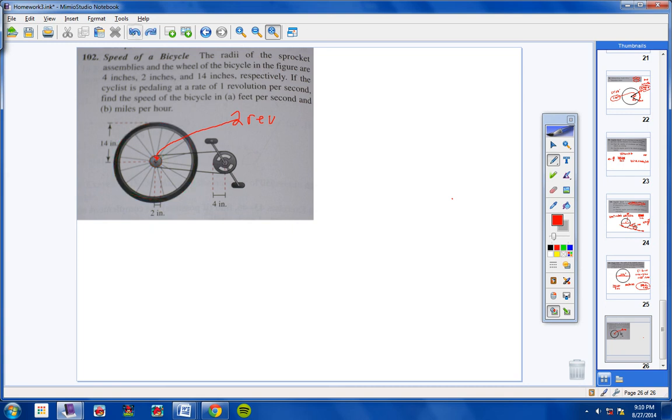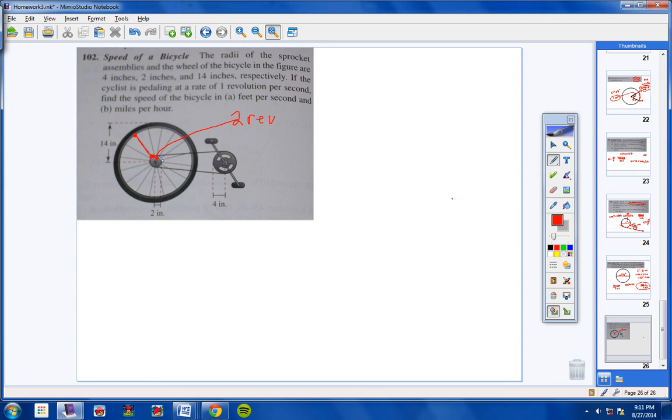If you think about this, it makes total sense. When this dot here, now watch this, students, connected to this spoke right here, when this dot here on this spoke travels 2 revolutions, that means this dot here on this spoke, because they're both on a straight line, is also going to travel 2 revolutions.